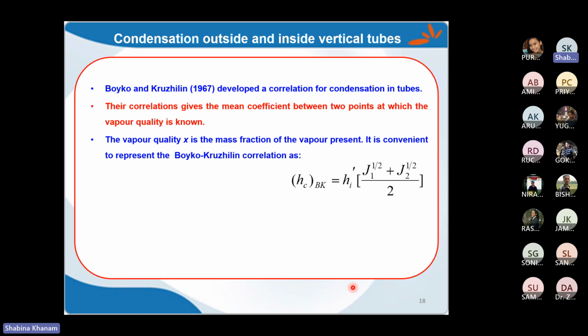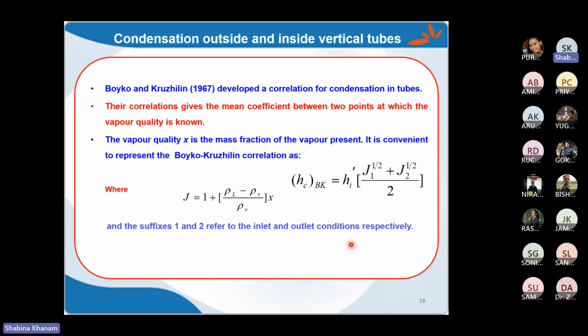J1 and J2 will depend on the vapor quality at entry and exit, which you can calculate from this. So entry will be 1, exit would be 0.2. In that way you can consider.